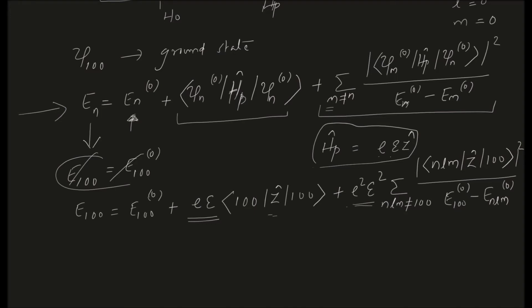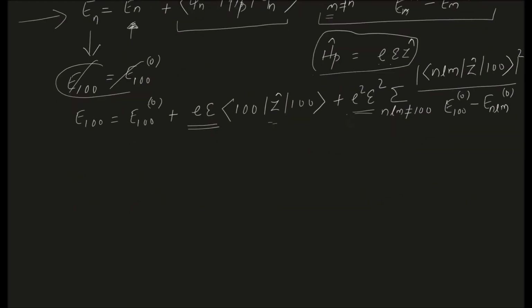Now we have to evaluate this integral to find out the correction. Let's first consider the term <100|Z|100>. So what we have is an integral of |psi 100|² Z d³r. Here 100 is basically psi 100; I have written 100 just for notational simplicity.